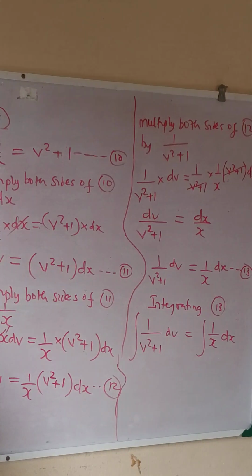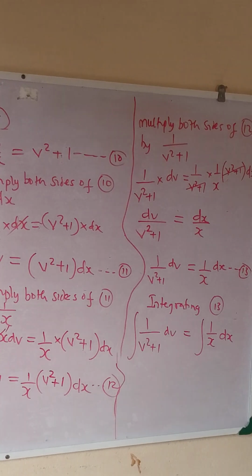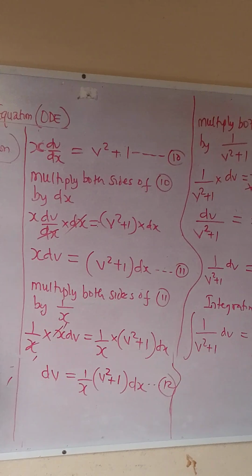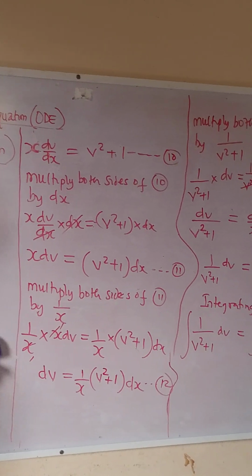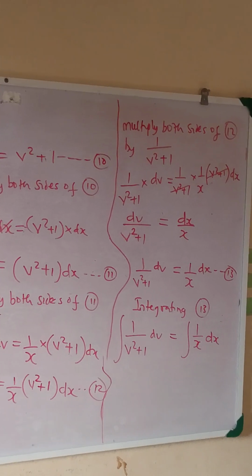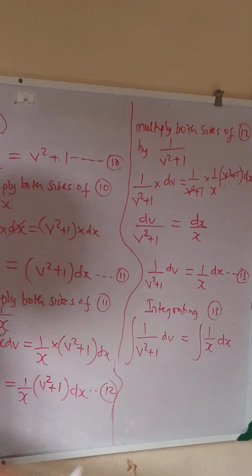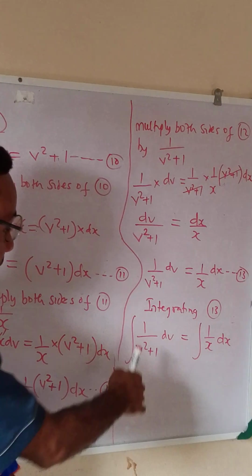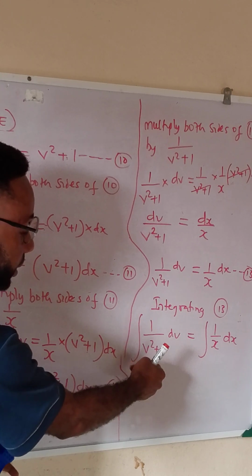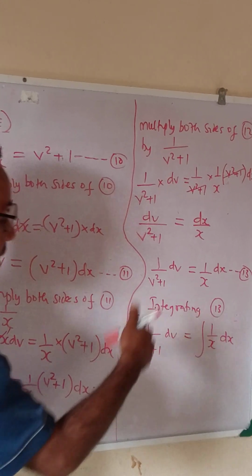Okay, let's move to this other side to continue our solution. It's quite a lengthy one, but we'll soon be done. If we integrate, 1 over v squared plus 1 is a standard integral.